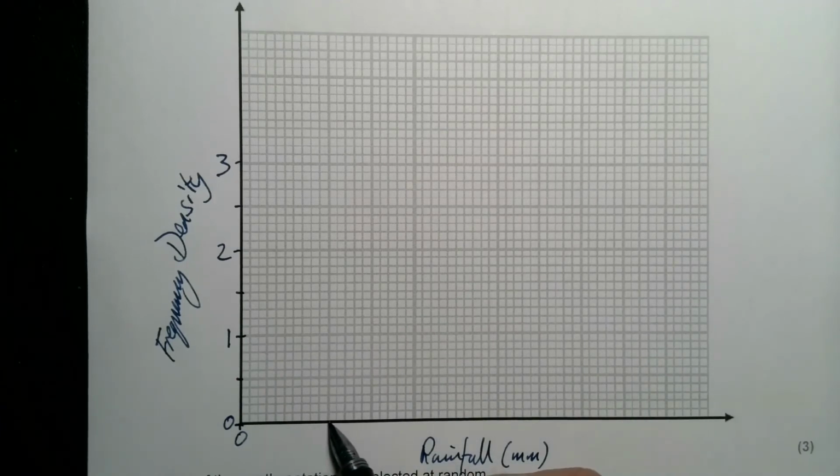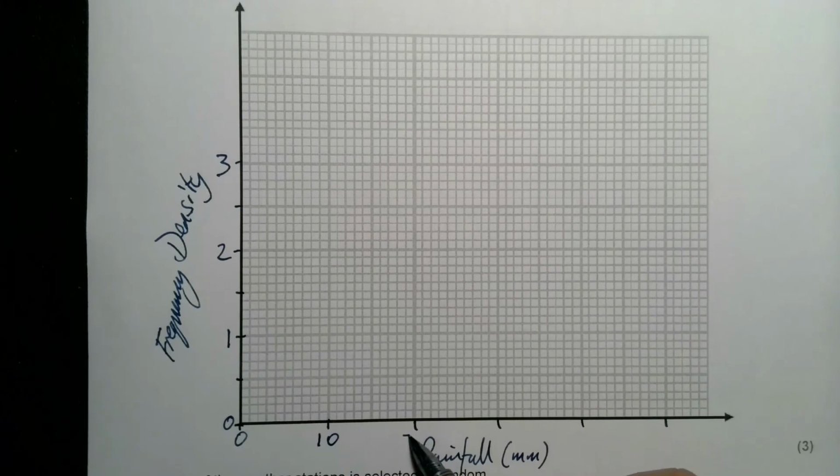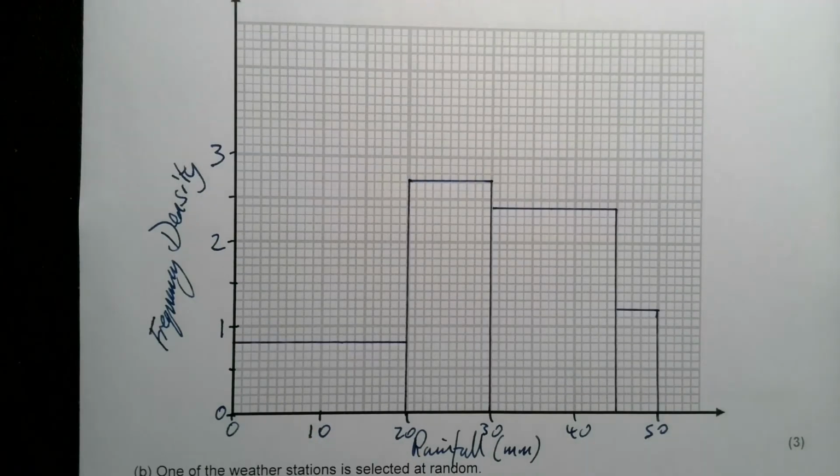Now again, there's 10, 20, 30, 40, 50, and it's going up to 50, so that's perfect. And then you just draw in your bars according to how high the frequency density is and how wide it should be, which should give you something like this.